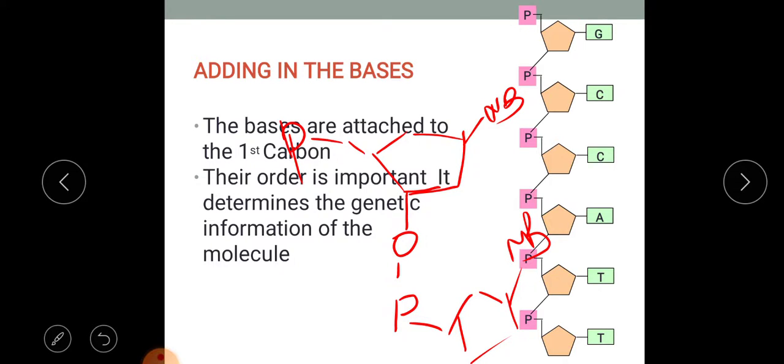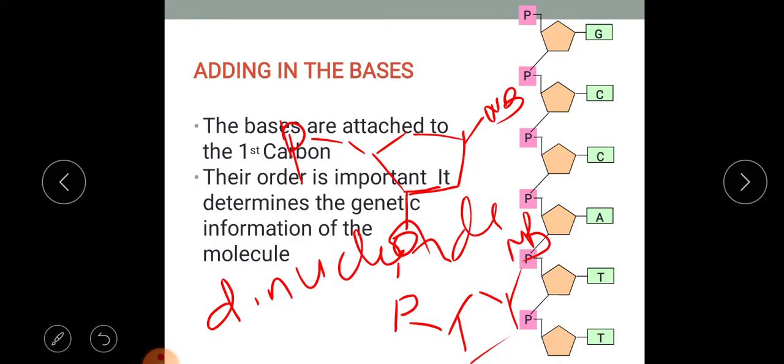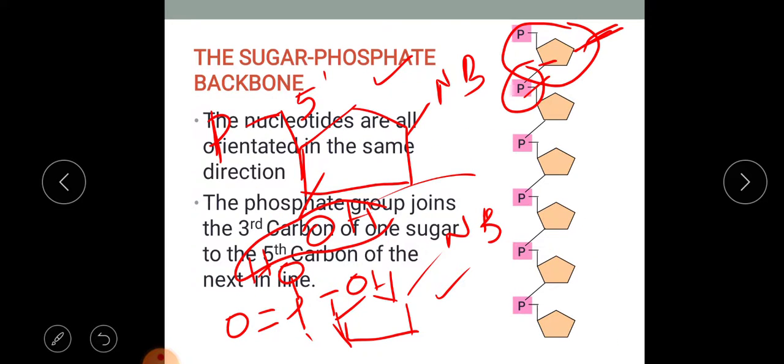Now this one is known as a dinucleotide, because two nucleotides are attached. Clear? Now if you take this one, so many nucleotides are attached, and such a group is known as the polynucleotide.